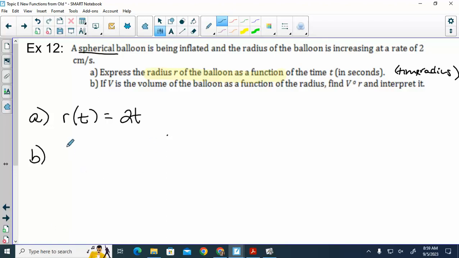So in general, volume of a sphere is 4/3 pi r cubed. I want you to find V composed with R. That's asking for V of R of t.